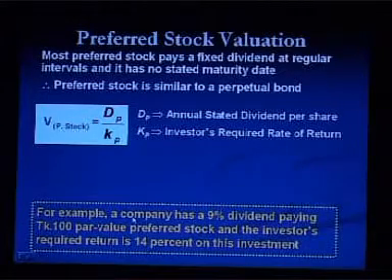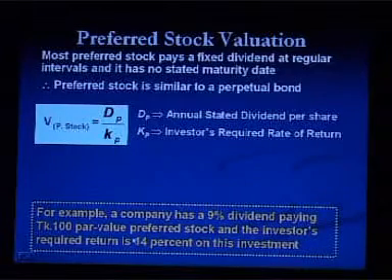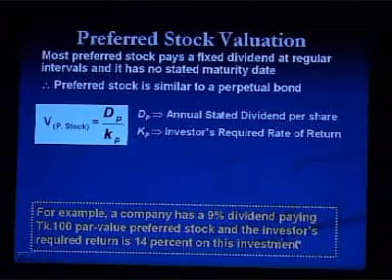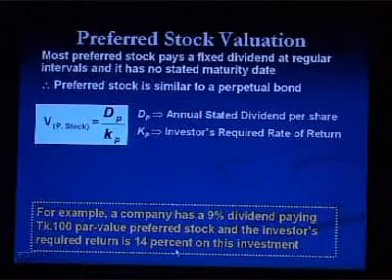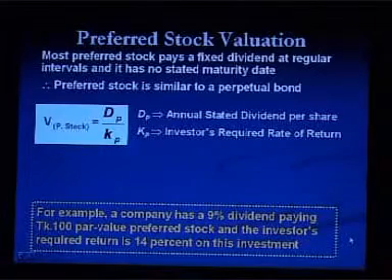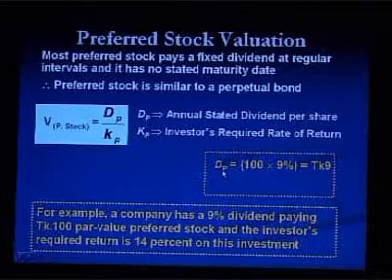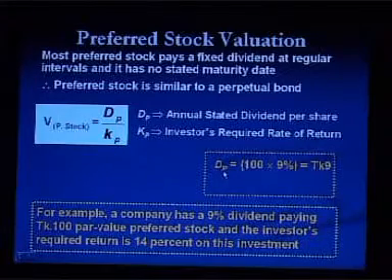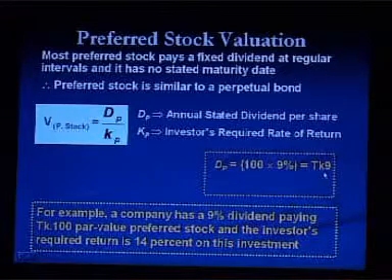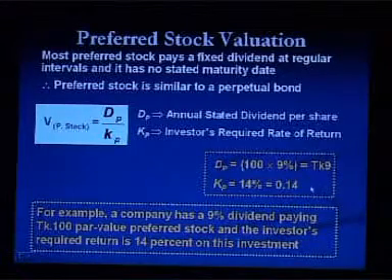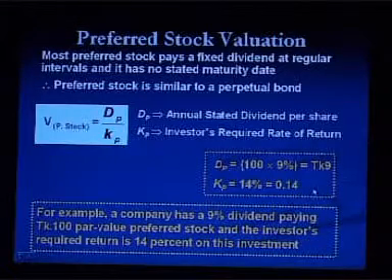Now, for example, if a company has a 9% dividend paying taka 100 par value preferred stock, and the investor's required return is 14% on this investment, then we can calculate the intrinsic value of this preferred stock by using the formula, where dividend per share of the preferred stock is face value times dividend rate, that is taka 9, and investor's required rate of return is 14% or 0.14.